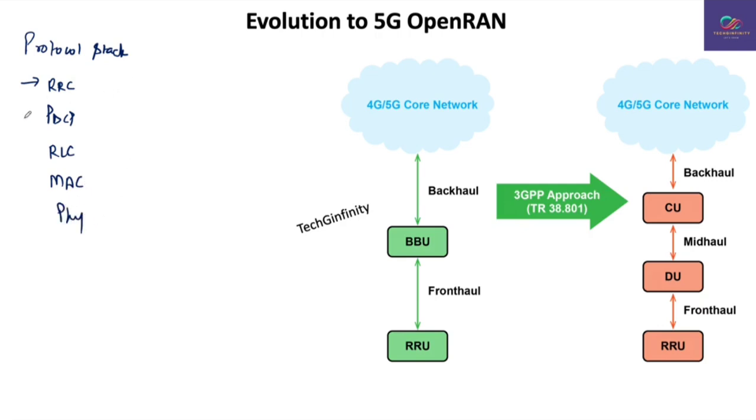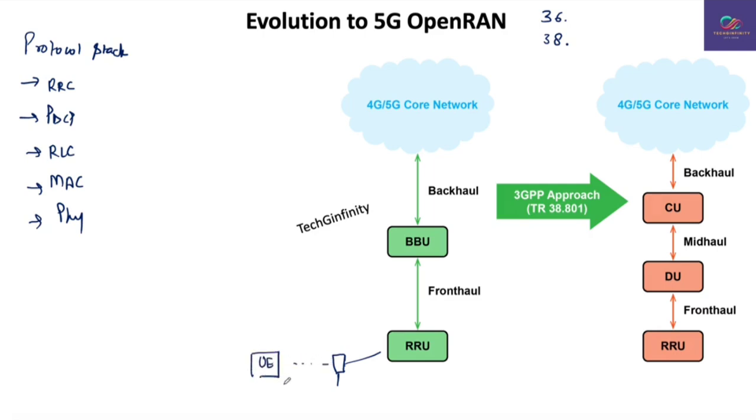So these are all the protocol stack layers defined in the 3GPP specifications, and each stack layer has its own specification, either from the 4G point of view or the 5G point of view. When we talk from the 4G point of view, the specification numbers start with 36 dot, and from the 5G point of view, it is 38 dot, whether it is RRC, PDCP, RLC, MAC, or PHY. So this is the protocol stack we follow when we need to connect. This is your antenna. I'm again preparing this diagram, and this antenna is connected to your user equipment.